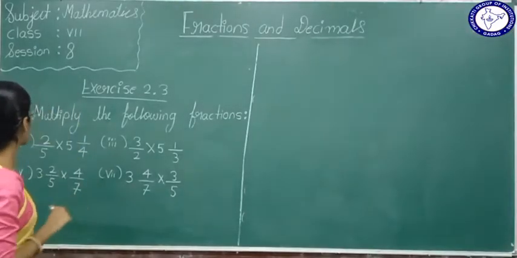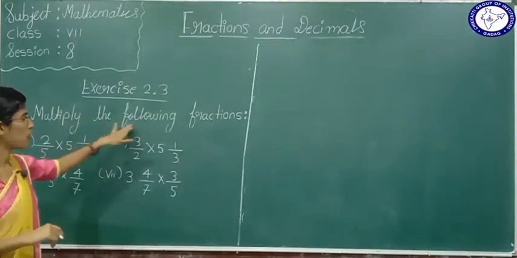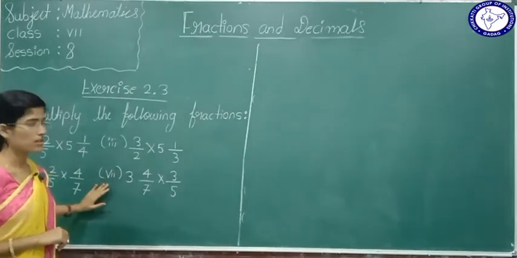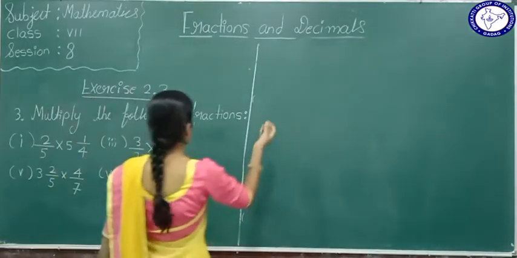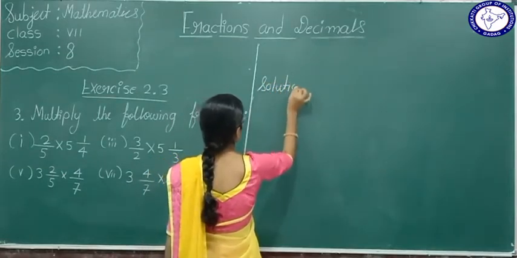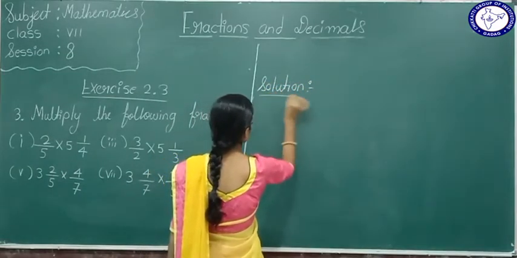Now see here, third main: multiply the following fractions. They have given these fractions to multiply. Solution.